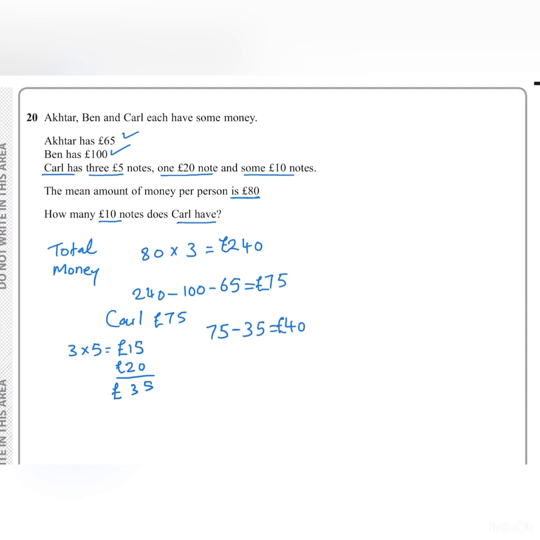And then it said he had some £10 notes, and how many £10 notes does Carl have? Well, 40 divided by 10, so he must have four £10 notes. So four £10 notes Carl has. Okay, so that is the answer.